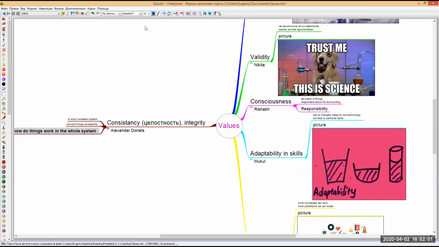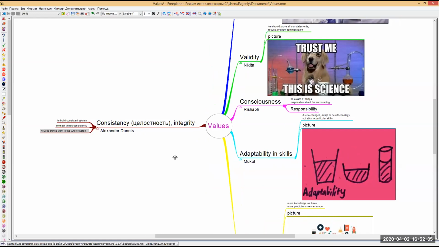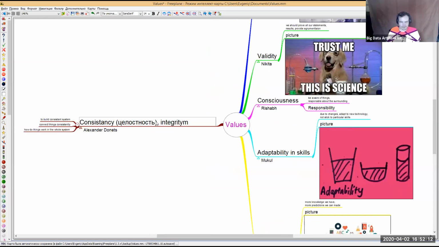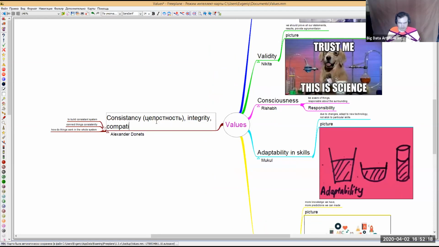As a shorthand, we can say compatibility of ideas. Okay, and we can stop there. Compatibility.